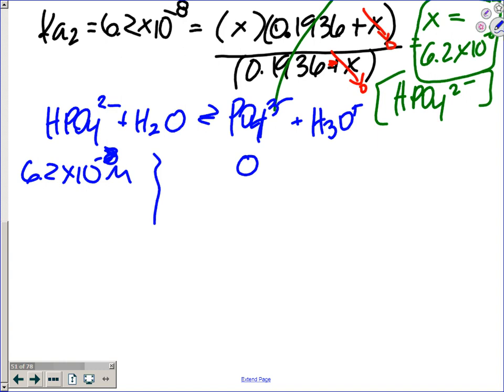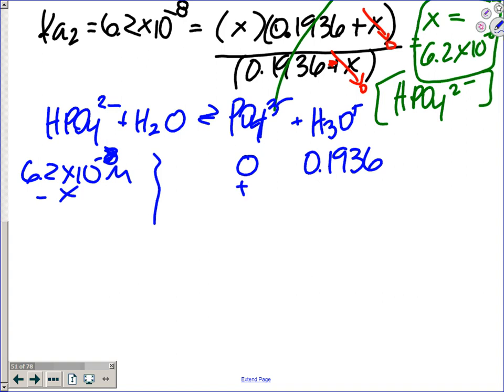And do I know hydronium initially? Yes, it's the 0.1936 plus this little bit of an X, but it's not going to impact my number because it's such a small value. So that's still 0.1936. And then I roll through ICE. Allow this to deprotonate where it can.